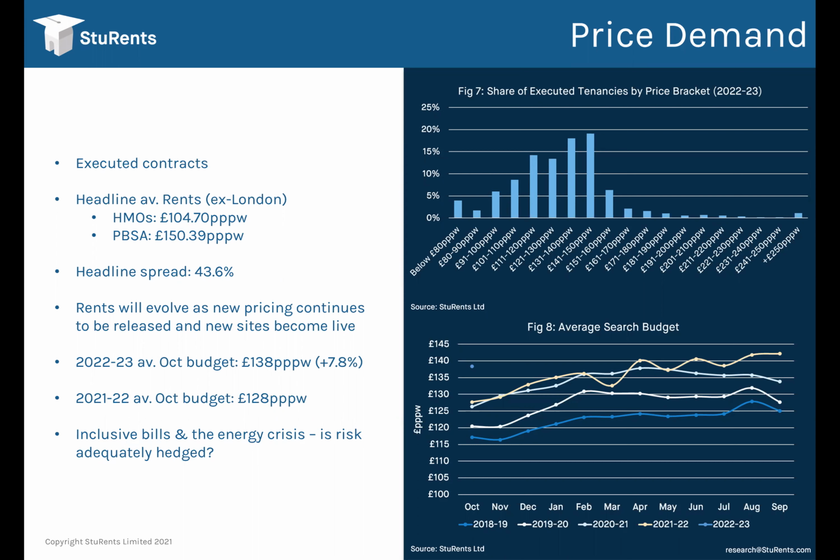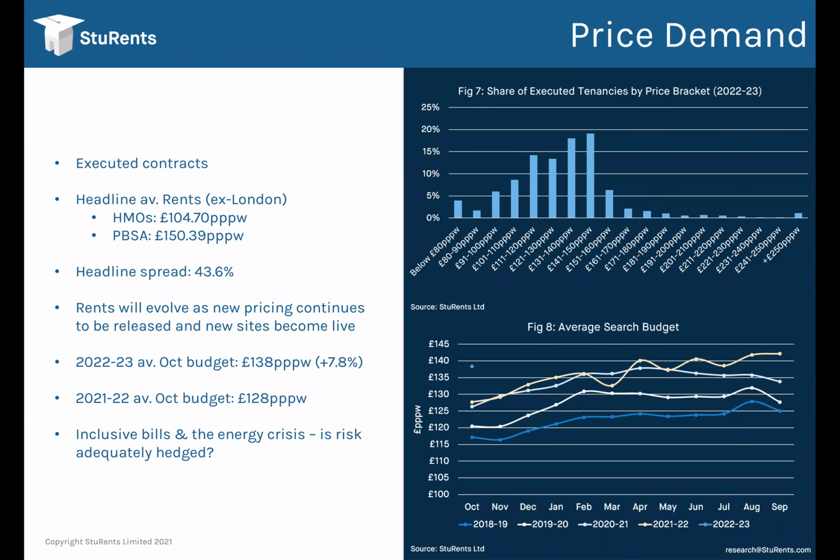Having said that, the issue currently is that with the rise in energy prices, operators need to have that risk adequately hedged. For operators that either do not have fixed utility contracts in place, or even those that do, but are perhaps with utility providers that, for example, may go bust, that provides potential to cause significant headaches.